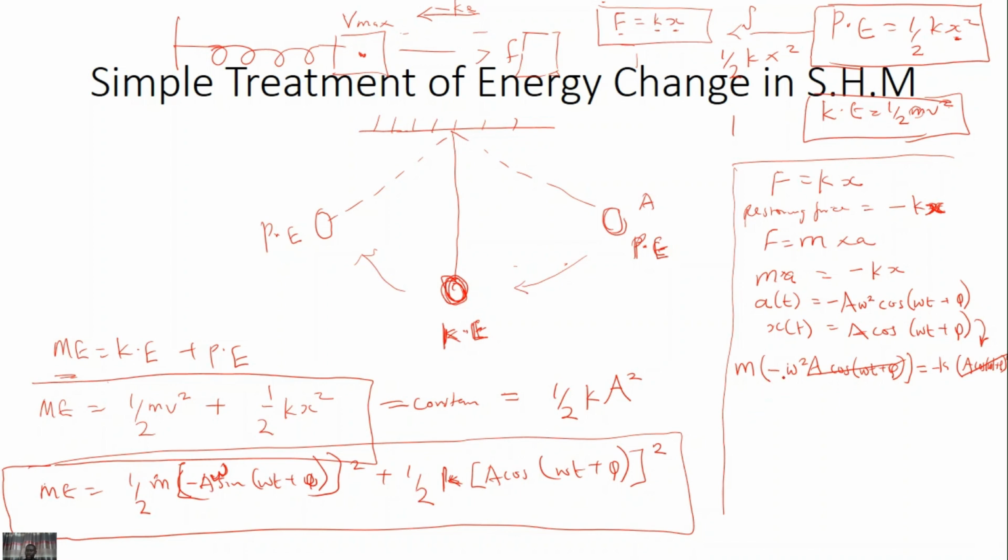So what we have left is m omega squared equals minus k, and the minus signs cancel, so m omega squared equals k.